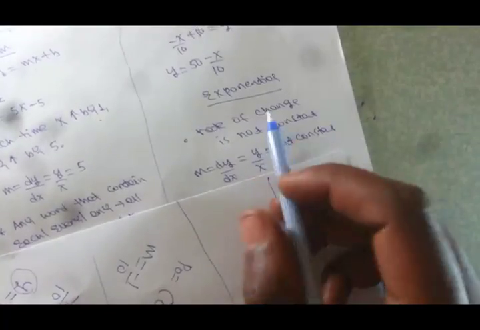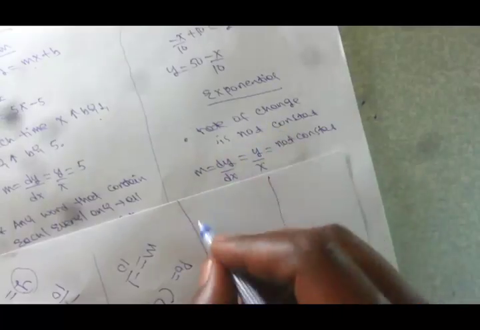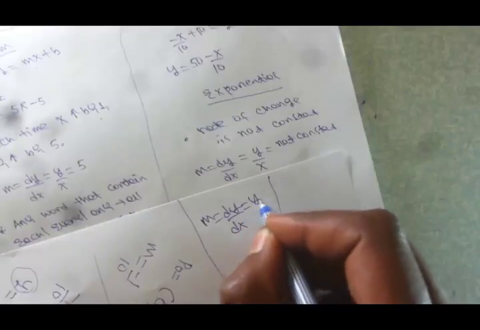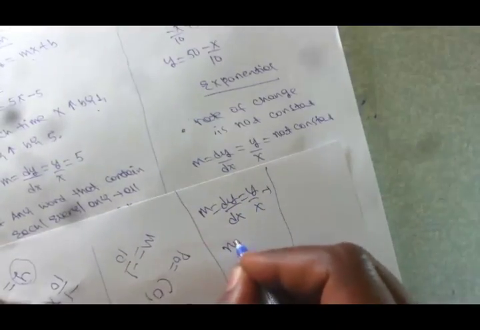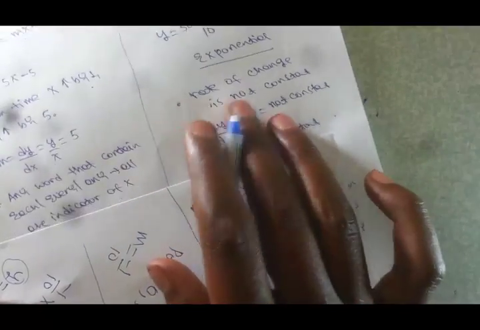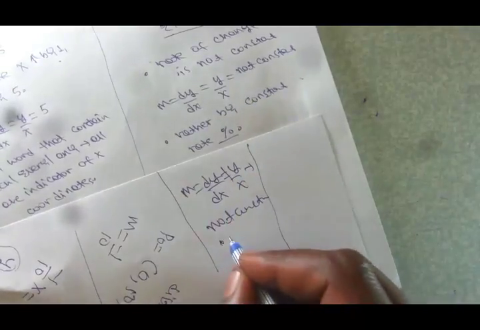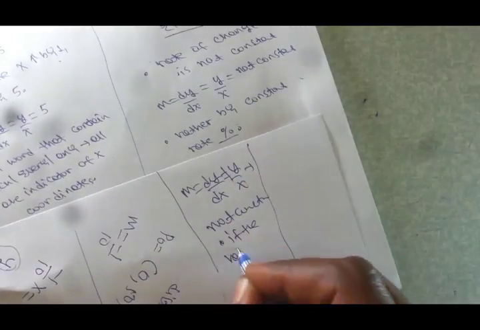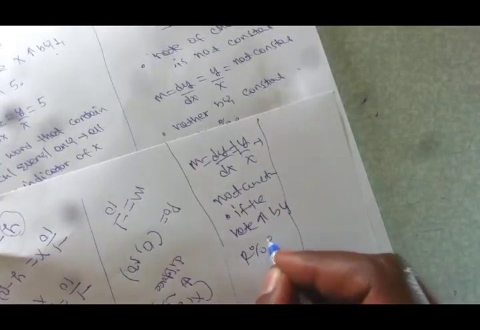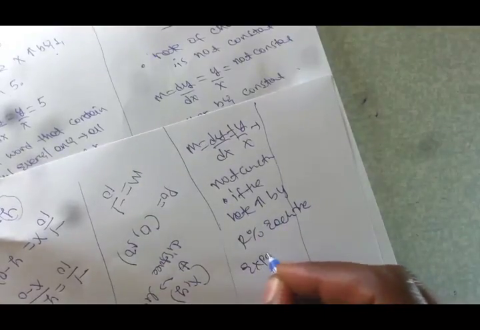And when we say exponential function, it is a type of function in which the rate of change is not constant, or m is equal to dy by dx, or y over x, is not constant, then we say exponential function. Rather, if the rate increased by r% each time, we will say exponential function.